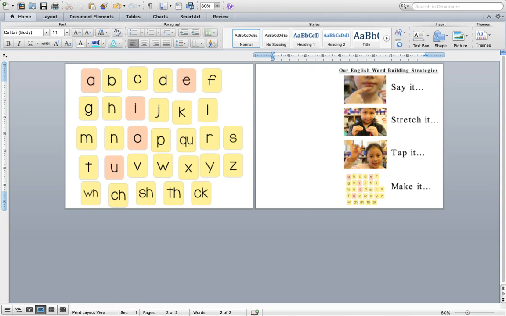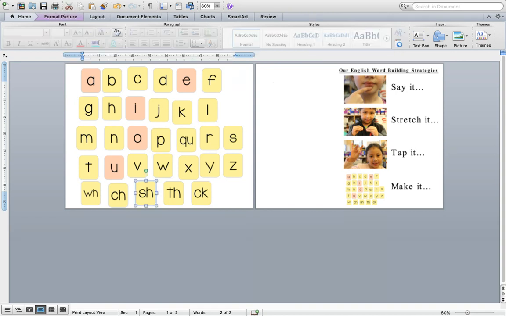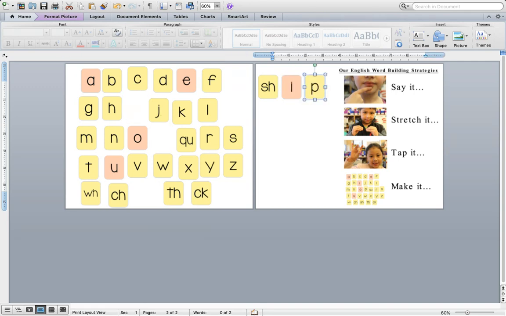Sh, i. Now let's build it. Sh, i. Let's read it. Sh, i. Ship.